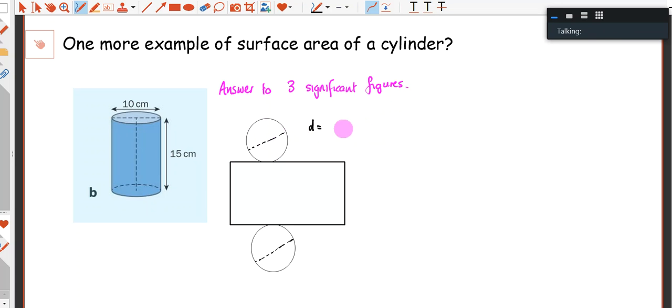Good. The diameter is 10. All right. What is the width of the rectangle? 15. Okay. How do we work out the length of the rectangle?